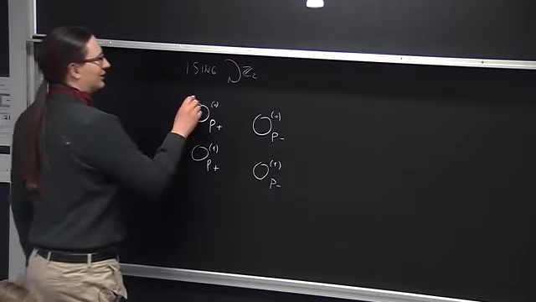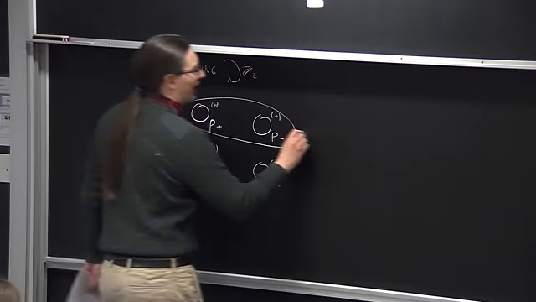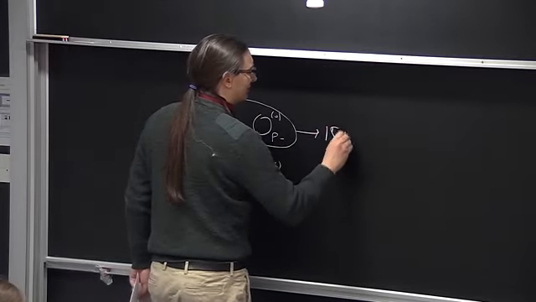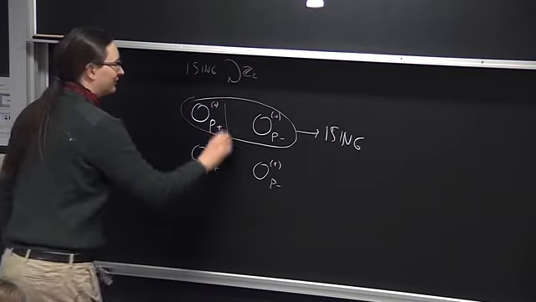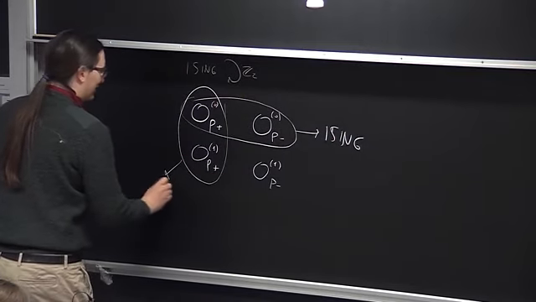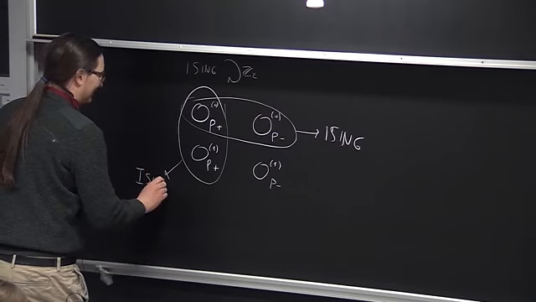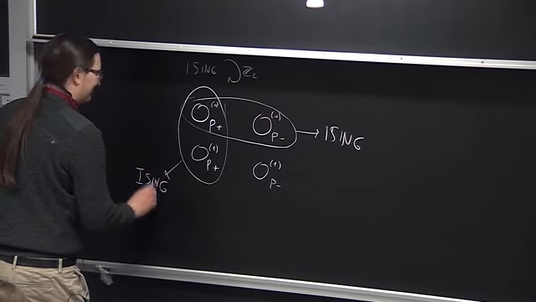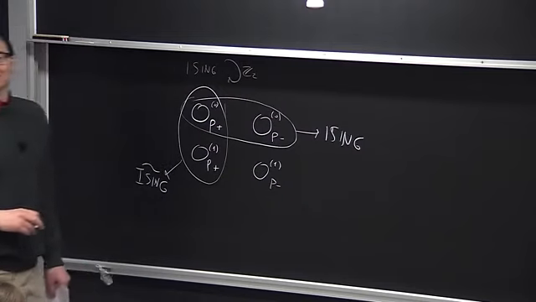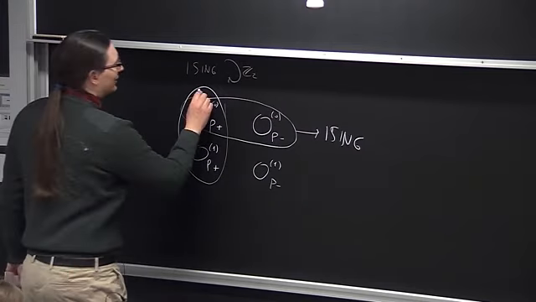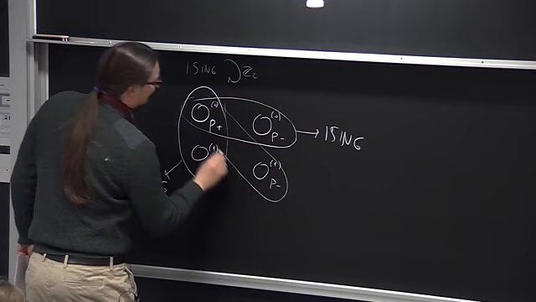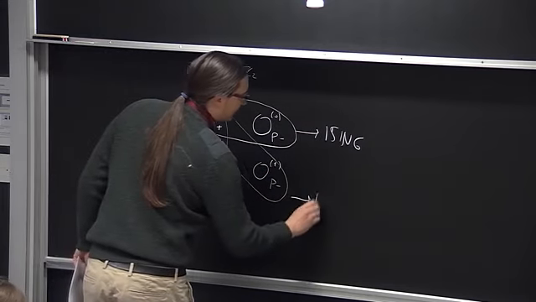So this is Ising. This theory is another Ising by a miracle called Kramers-Wannier duality. And this theory is the free fermion.